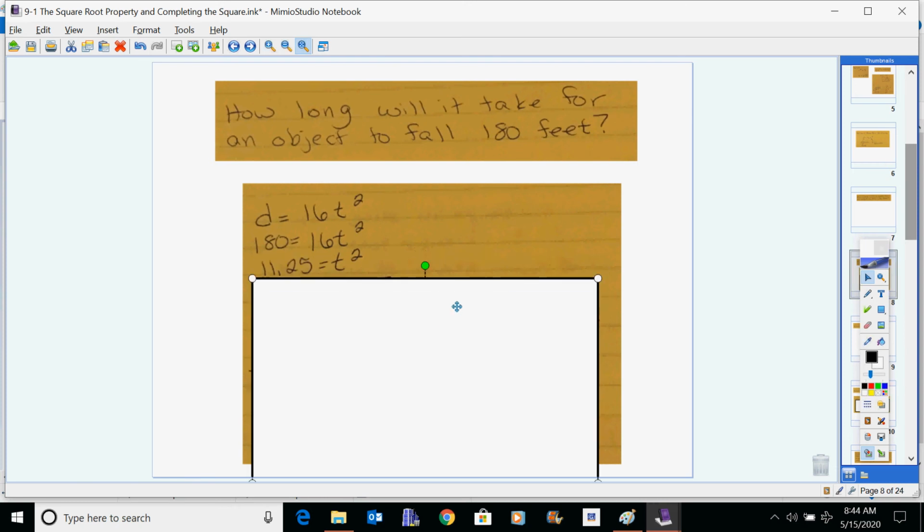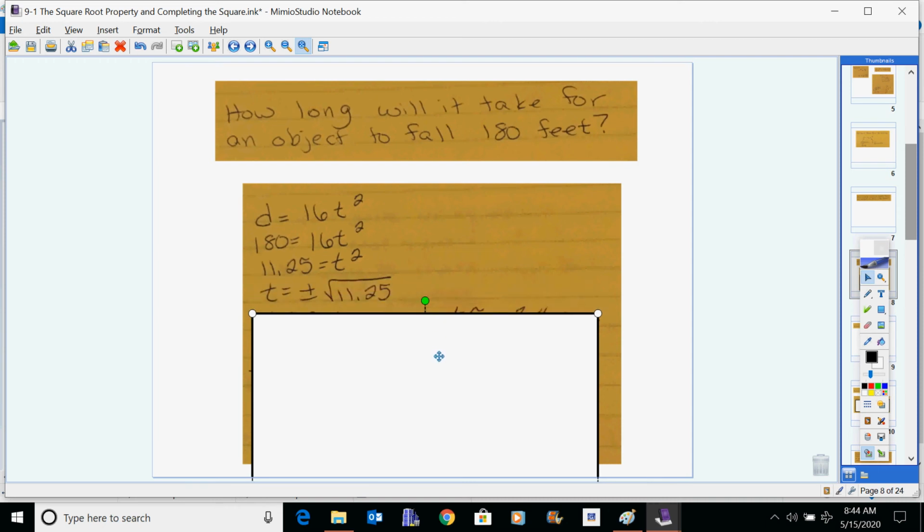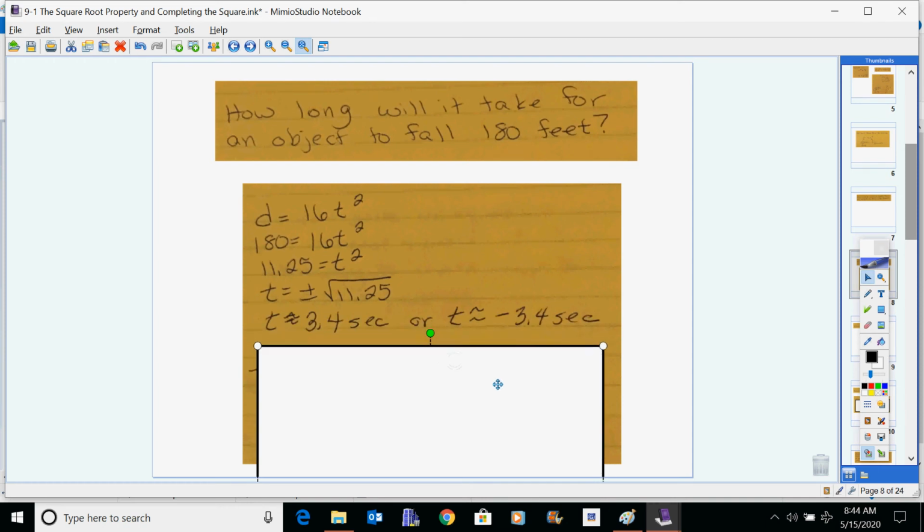11.25. Now in this case, because it is a word problem, our useful thing to do will be to actually take the square root of 11.25, and when we do that, we get about 3.4, but we have the positive and the negative version of that.